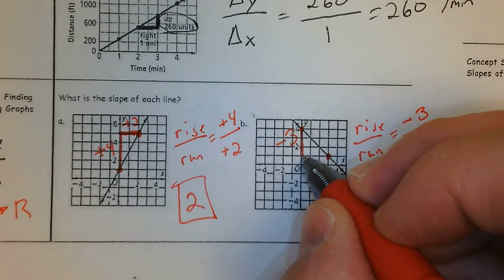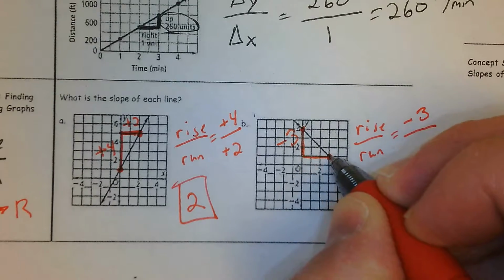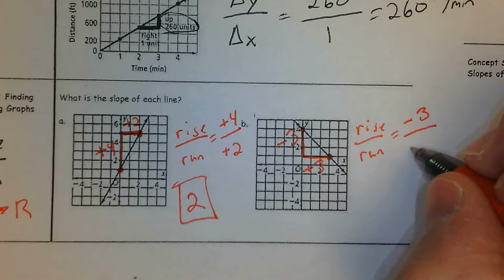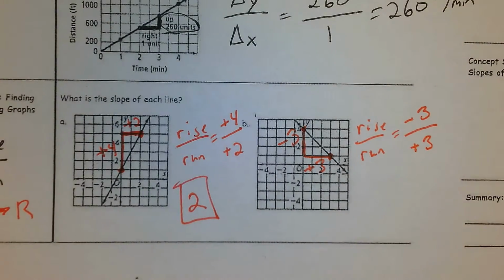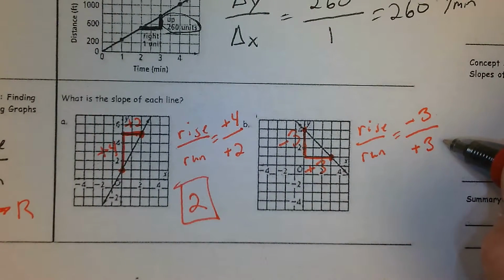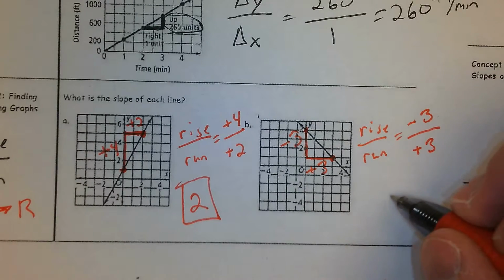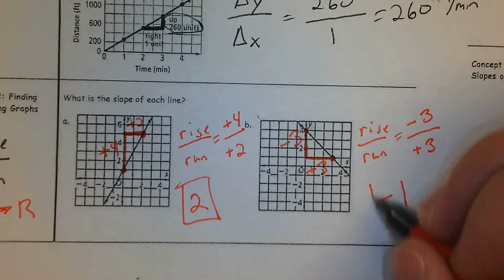And then my run, we go to the right 1, 2, 3 times as well. So then my run is going to be positive 3. So now I have negative 3 divided by positive 3. If you put that in your calculator, hopefully we know by now, a negative divided by a positive is a negative. So negative 3 divided by positive 3 would be negative 1.